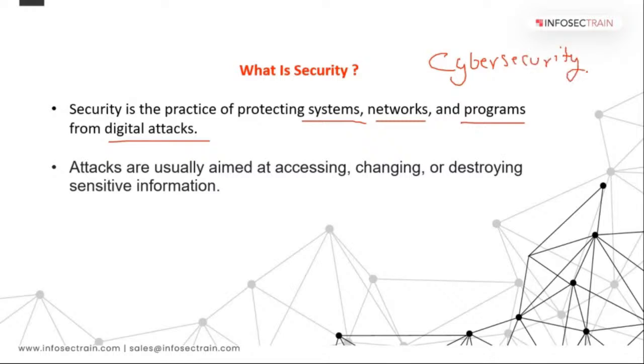So what is cyber security mainly? In cyber security, we protect our systems, networks, and programs from digital attacks. Now, what is information security, guys? There is one more terminology called information security. So what is information security?